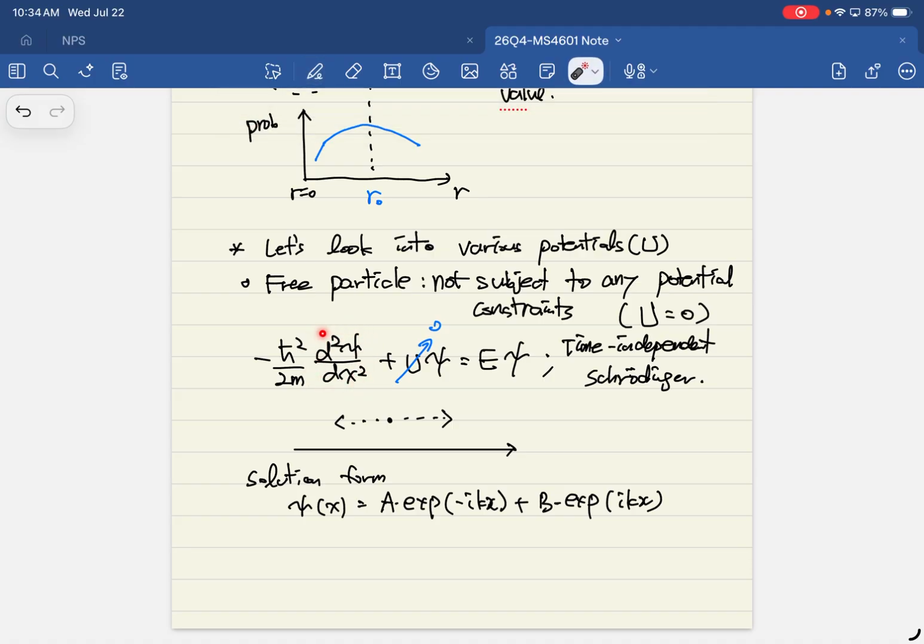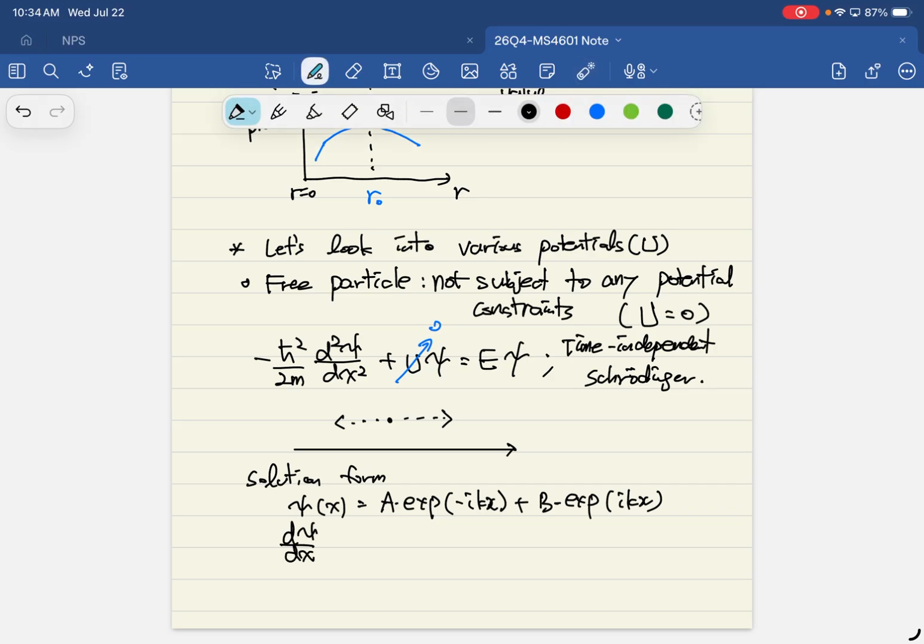Because we have to deal with the second derivative, we first take the first derivative, which gives minus a ik exponential minus ikx plus b ik exponential ikx.